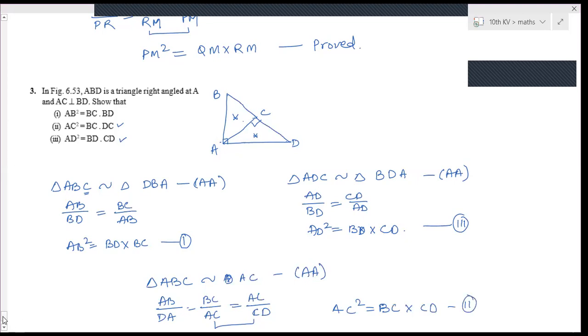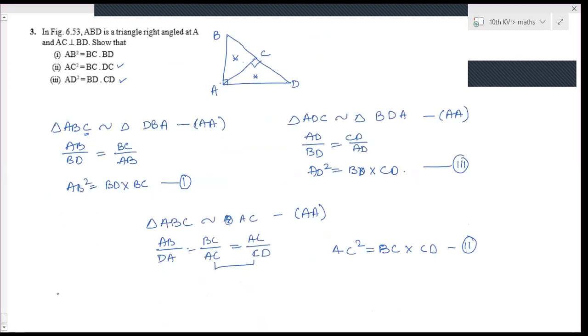Done. We have to see. This is the third part. Third question, 4, 5, 6. Solved or not solved? Solved, ma'am.